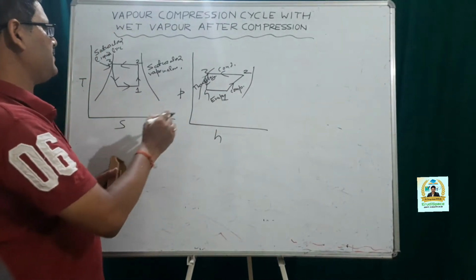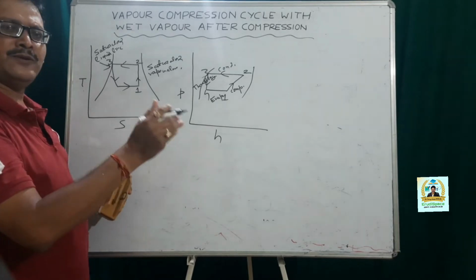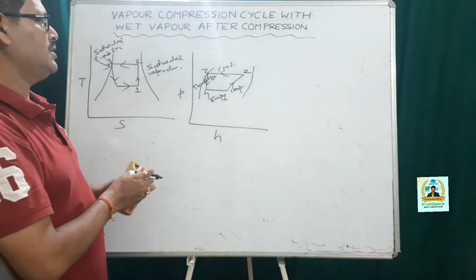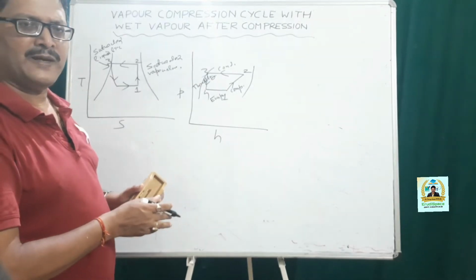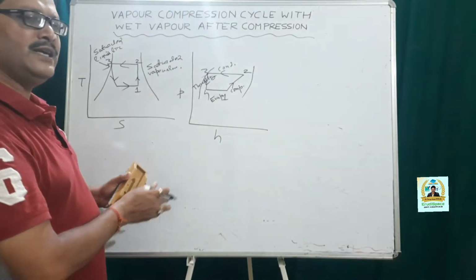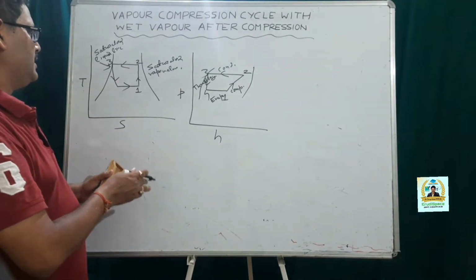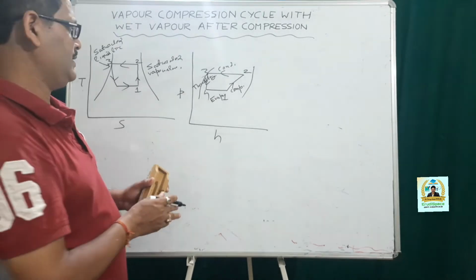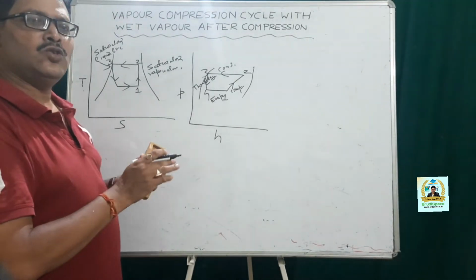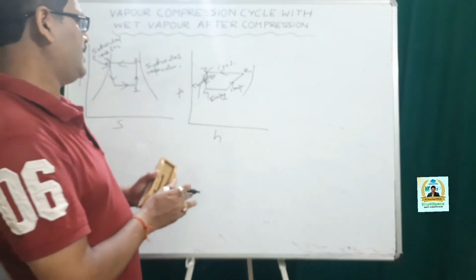After that, the refrigerant is taken to the refrigerant control valve or throttle valve where it undergoes unrestrained expansion or throttling. In throttling, the temperature and pressure both drop, but no work output is obtained.